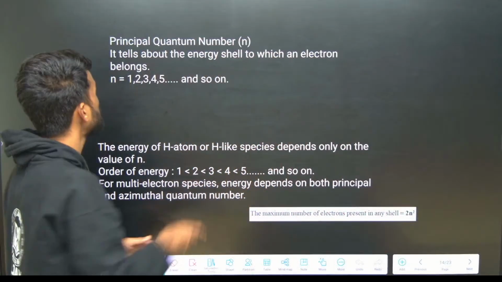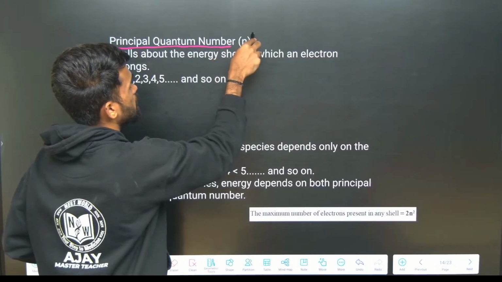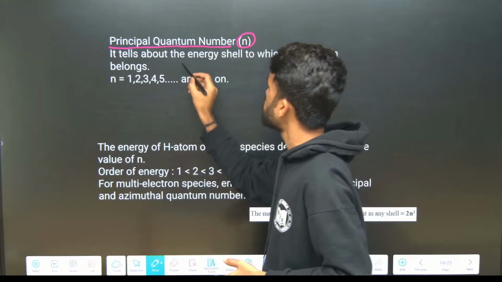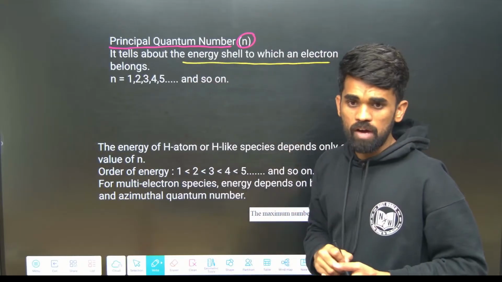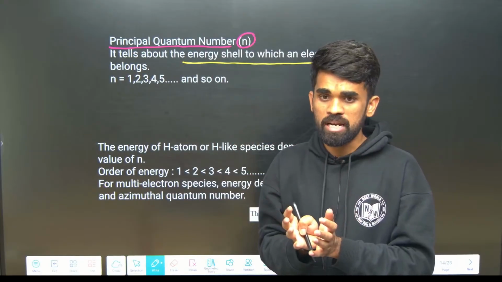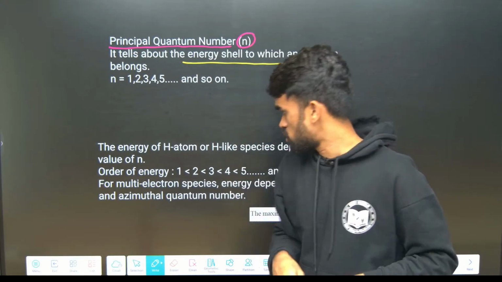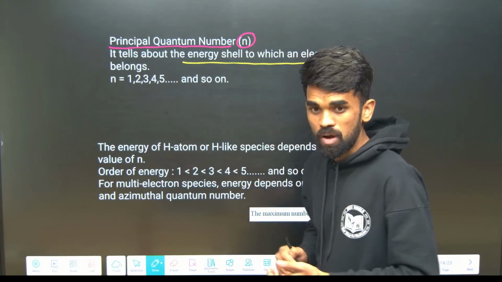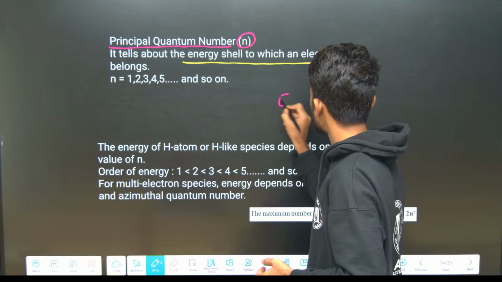So what exactly is the principal quantum number? It is indicated with the symbol N. Here it tells about the energy of the shell in which the electron is present, or the size of that shell, like the radius. Just a recap of what we discussed in Bohr's atomic model: how can we find energy?